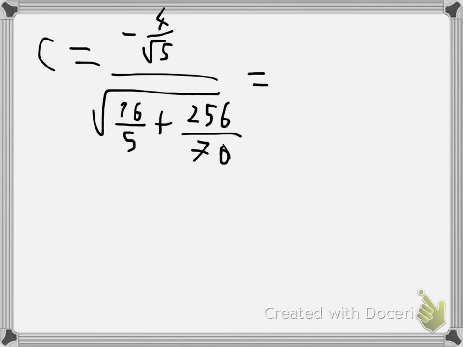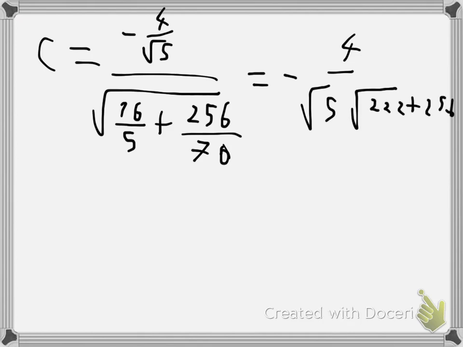And so we should get negative 4 over square root of 5 times square root of, we can multiply by 14 on the left. Okay, so we get 16 times 14, which is 222 plus 256 over 70.